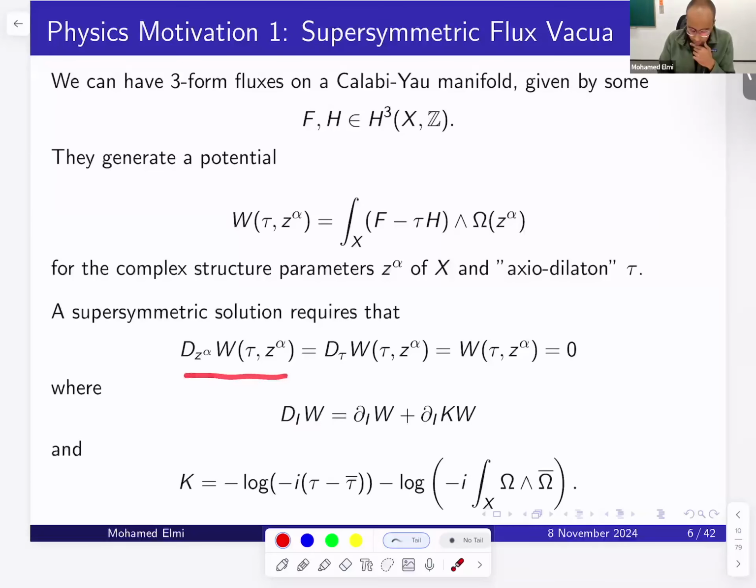Here, this means you can write down some covariant derivatives, and the covariant derivatives of this superpotential should vanish. And the potential itself should also vanish at these choices of complex structure moduli and tau.